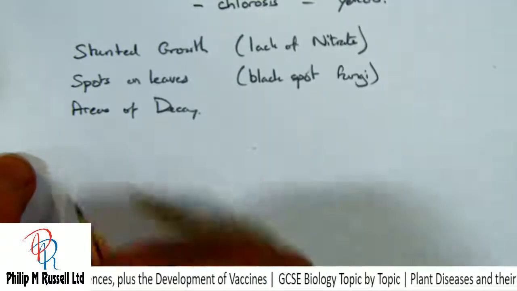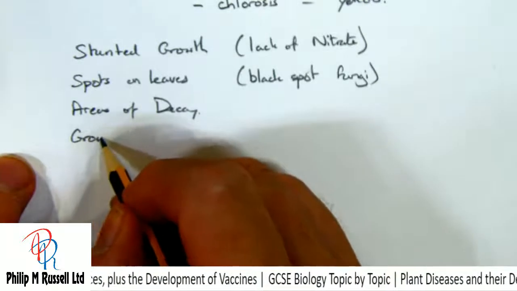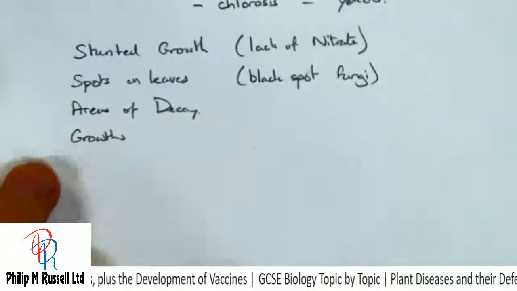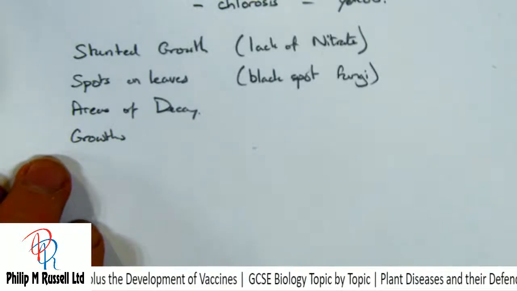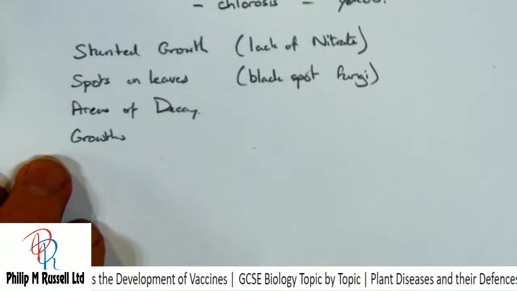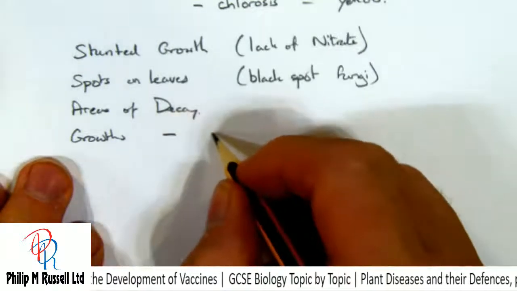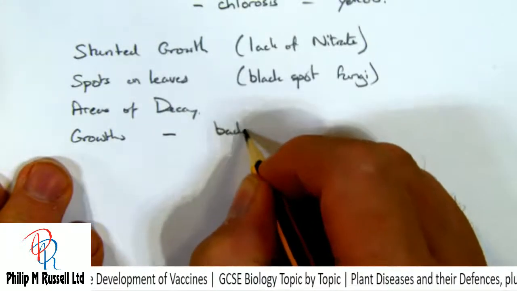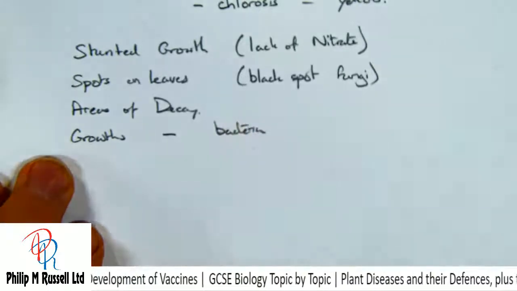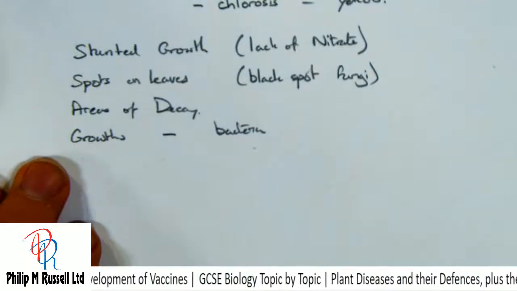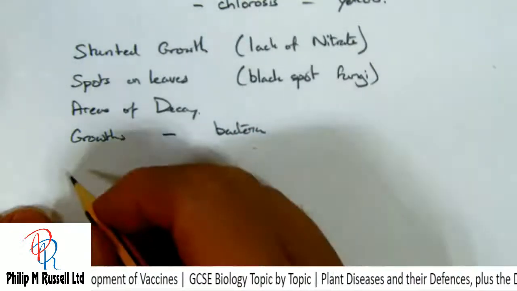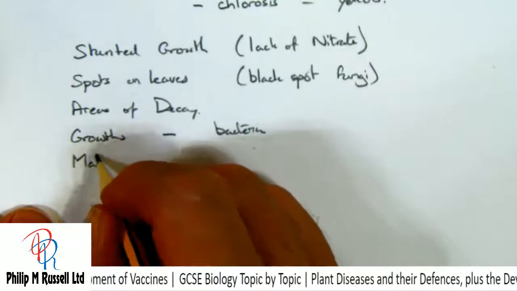We sometimes see peculiar little growths on a plant, sometimes different colours. Crown galls. This is typical of bacteria. We get things like malformed stems.